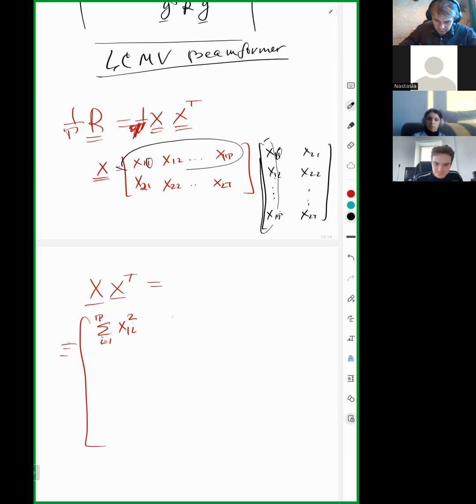Here you will have a summation again over index i, which is the time index, of x1i x2i. Because this row is multiplied by this column, the activity of the first sensor is multiplied by the activity of the second sensor.